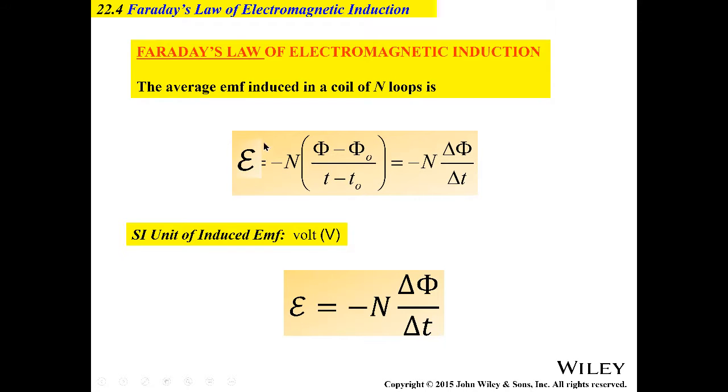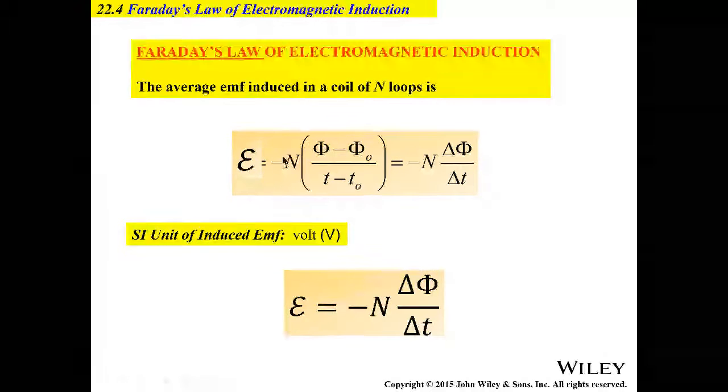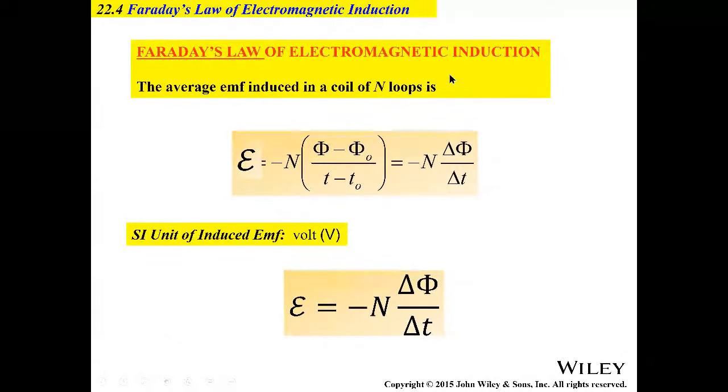So this is now the electromotive induction due to a coil that has n loops, and the electromotive force (EMF) induced, of course, depends on the number of loops, because each one contributes. And we already learned that you can express that in terms of the rate of change of the magnetic flux through this coil of n loops.